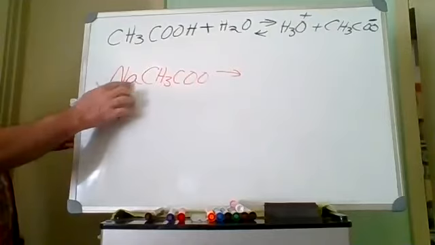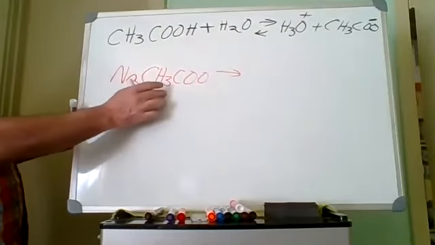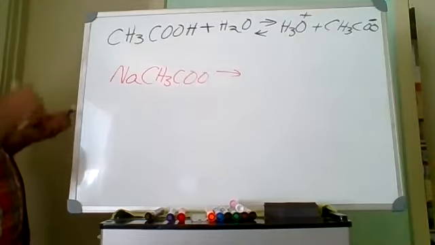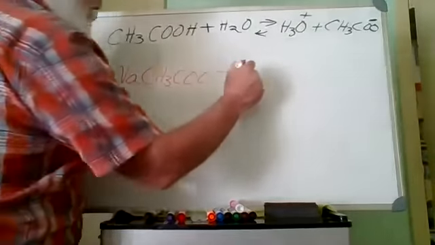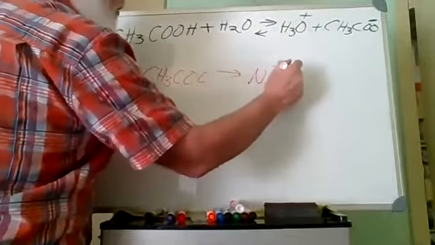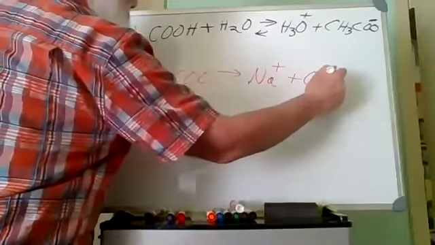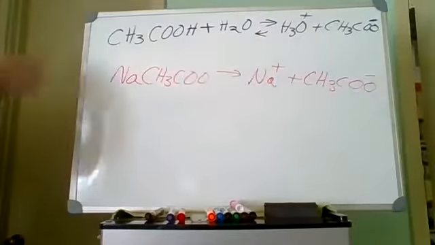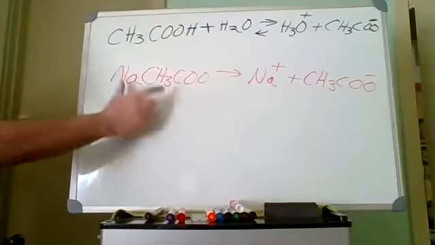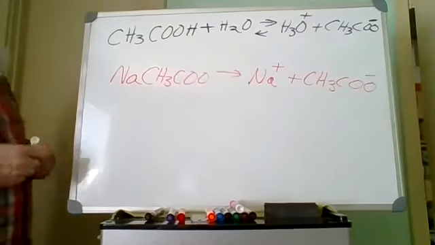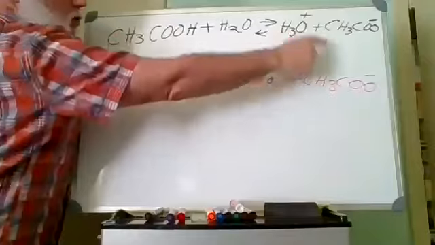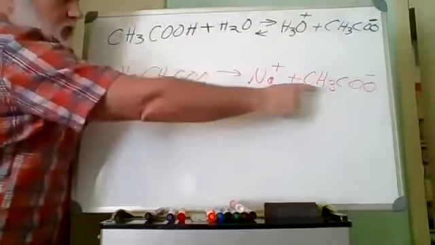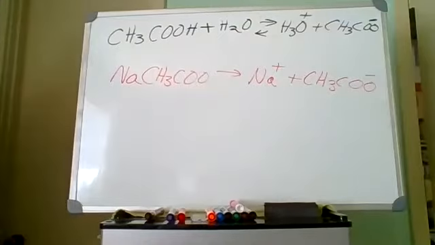This is a strong electrolyte solution. Both sodium and acetate anion dissolve with no exceptions. So I'm going to get sodium cation plus acetate anion again. So we can see that if we mix acetic acid with sodium acetate, we're going to get two contributions to the concentration of acetate anion, from both the weak acid and from dissociation of the salt.